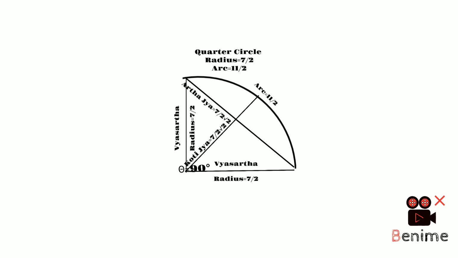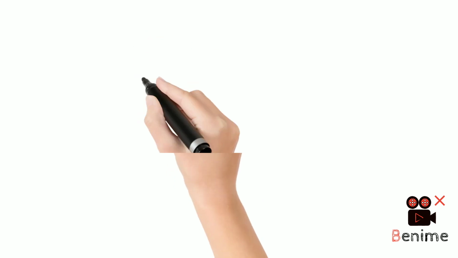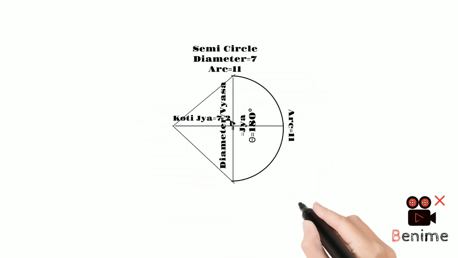by 2, and thus making the ja 7 by 2 root 2 and koti ja also 7 by 2 root 2. Now let us look at a semicircle. Semicircle obviously will have an arc of 11 because full circle is 22, half circle will be 11, and diameter obviously will be 7.